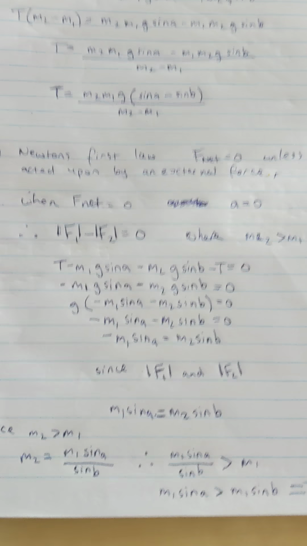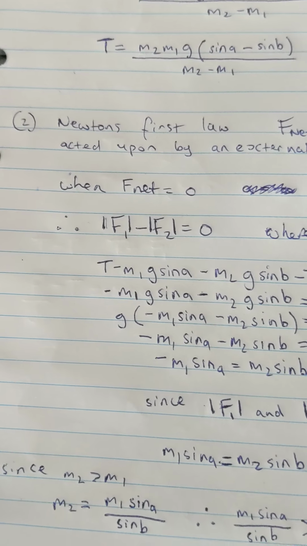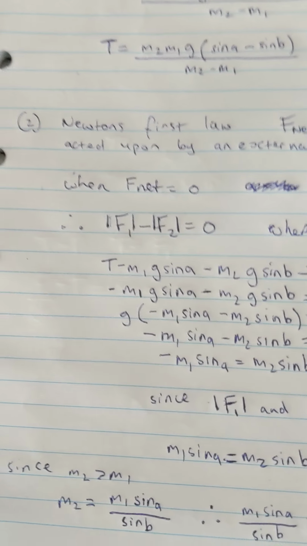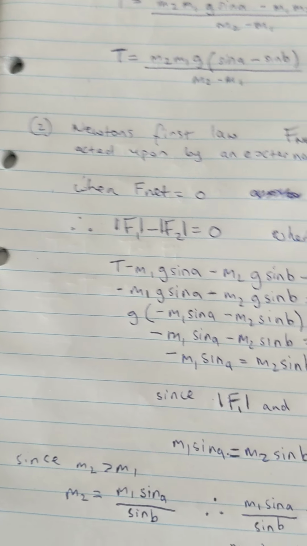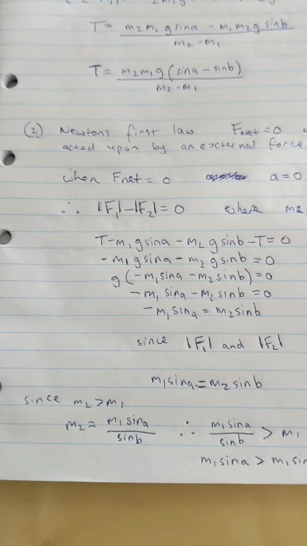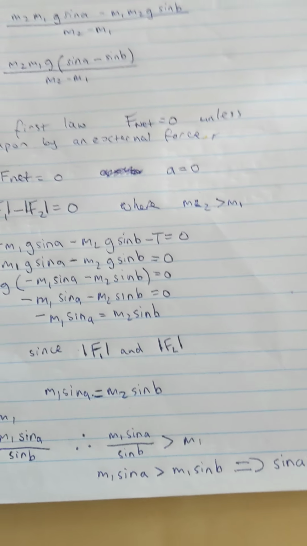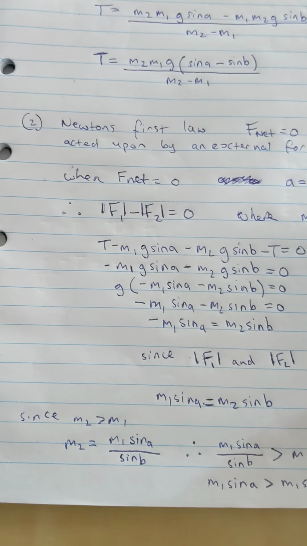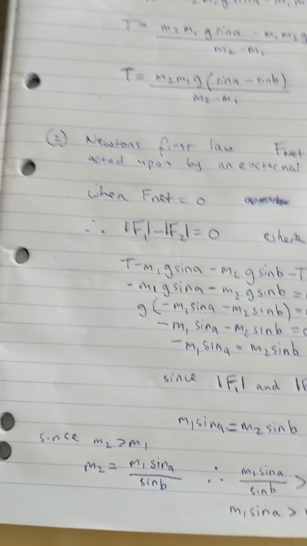Therefore, the magnitude of force 1 minus the magnitude of force 2 equals 0, where mass 2 is greater than mass 1. So I've got to solve this for where they equal 0, but we've got to ensure that the condition m2 greater than m1 is met.